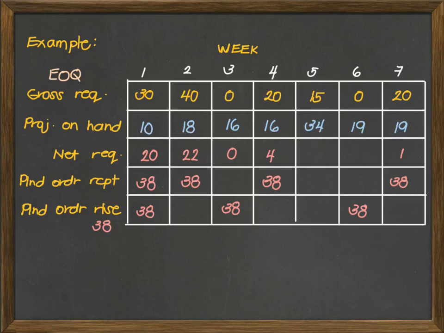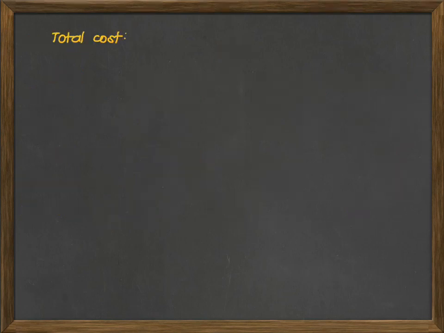So, counting all the orders made, we have 4 orders, but our computation of the total cost is based on the formula of EOQ. So, let's go to the solution. Your total cost for EOQ is QH over 2, and then we add DS over Q. We substitute the values into the formula.